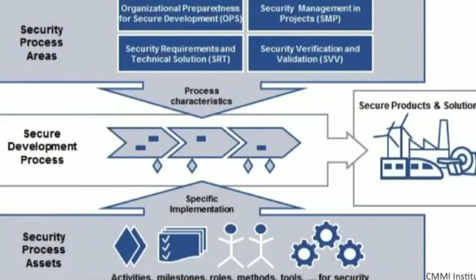So are you investing the appropriate amount of resources in designing and testing your systems, your requirements and technical solutions, ensuring that your design process is including security as a component.